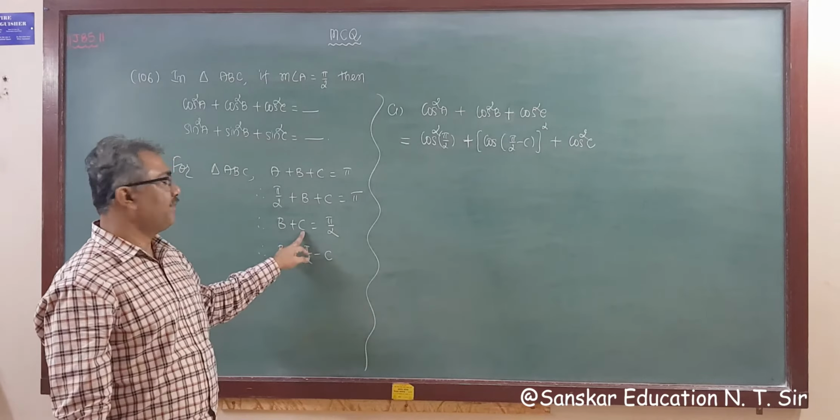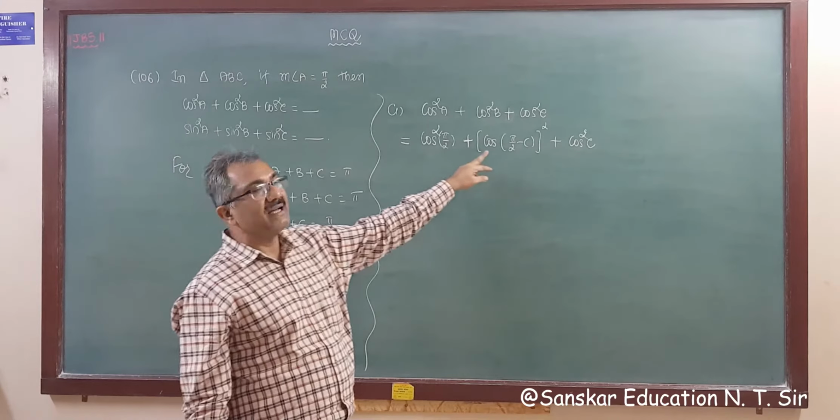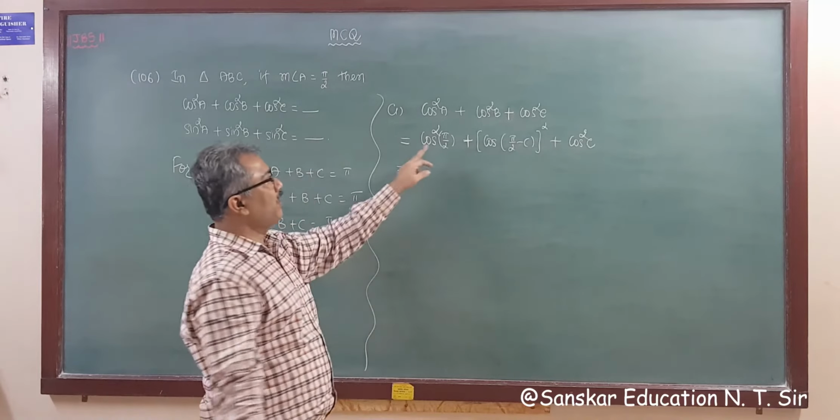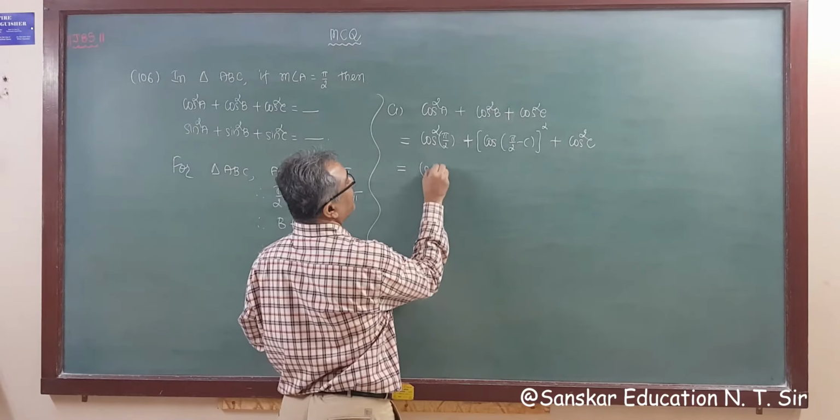You can formulate from here with respect to C, or keep B as it is, so you can change any one. So now cos pi by 2 is 0, so the answer of this is 0 square.